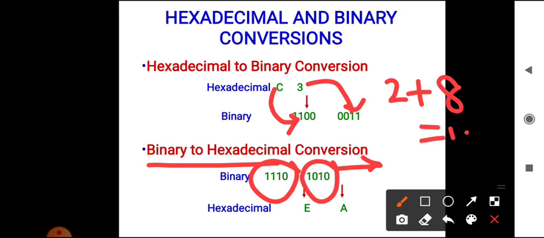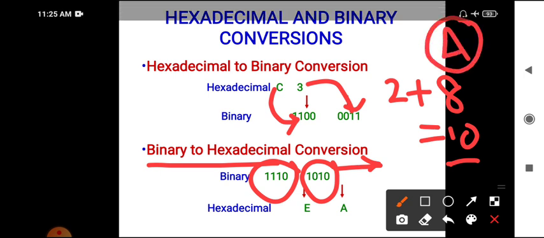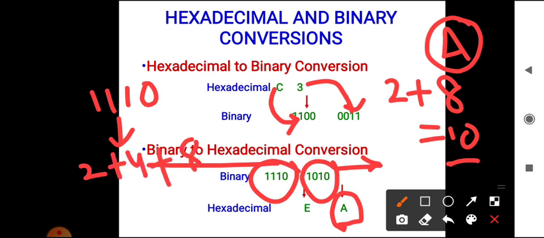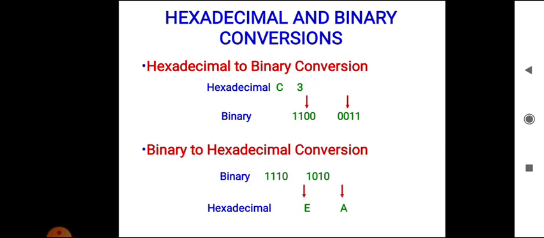So 8 plus 2 means 10. The actual answer is 10, but you should not write 10; 10 means you have to write A. Next, converting 1110: 0 plus 2 plus 4 plus 8, that is 14, and 14 means E. So this is the conversion of binary to hexadecimal.